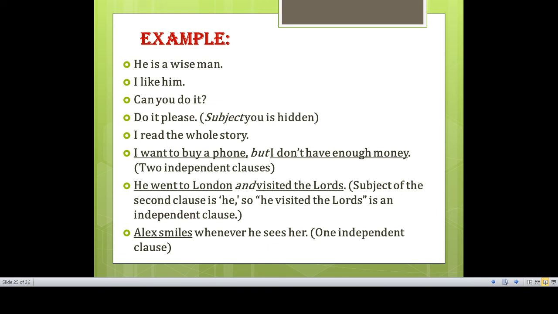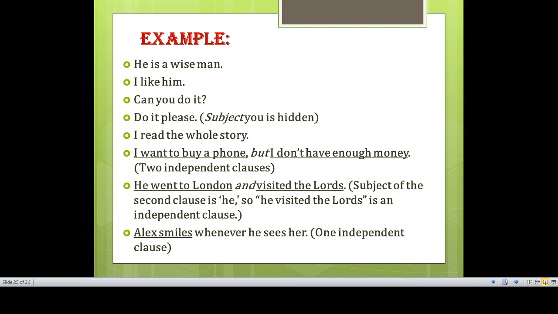I want to buy a phone. There it ends, that is in fact one clause. I don't have enough money. So that is another clause. So two independent clauses are joined by a coordinator. Who is that? But. I want to buy a phone, but I don't have enough money.